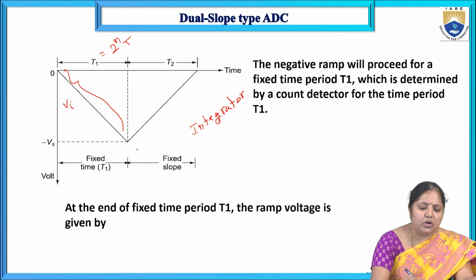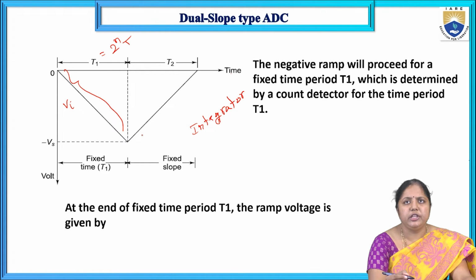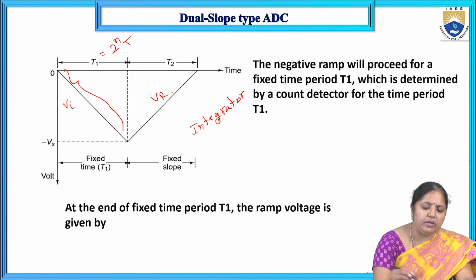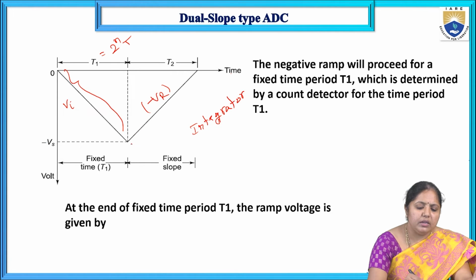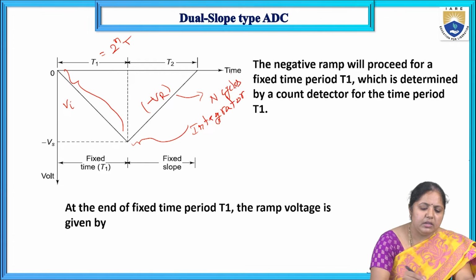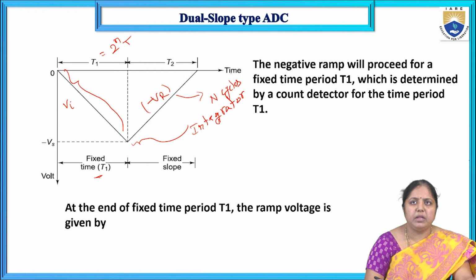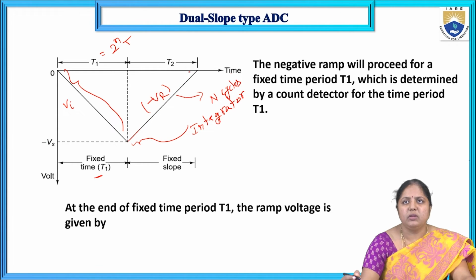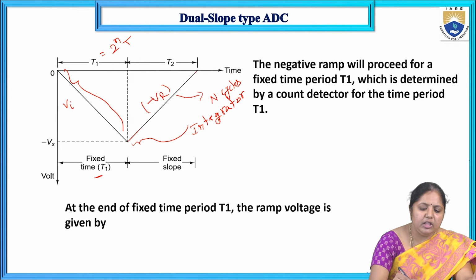After that, when the switch position changes from the analog input voltage to the negative reference voltage position VR, your integrator takes this much duration of time, which is n number of cycles. This time period is fixed, and here the slope is a fixed slope, so we get the slope in reverse form.